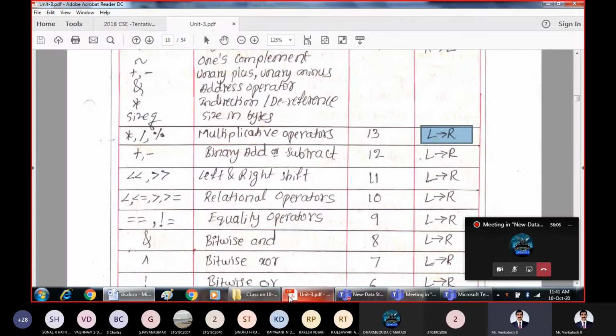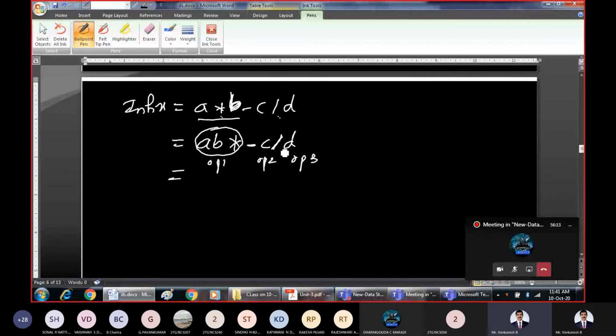I'll go back to the table. Division has higher priority than minus. That means I should solve this first. So this AB star stays as it is, this minus you write as it is, then solve this sub expression and convert it to postfix. How do you convert? Write the two operands CD, then slash.